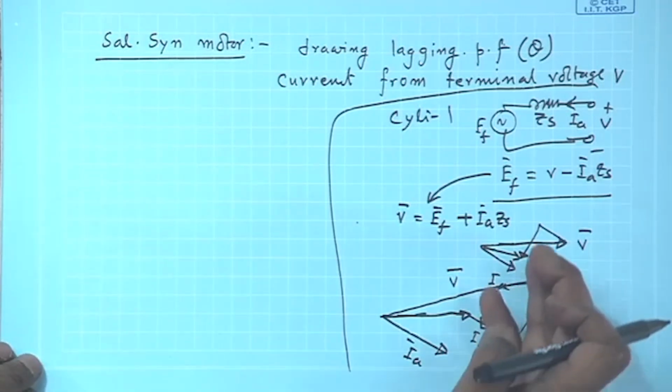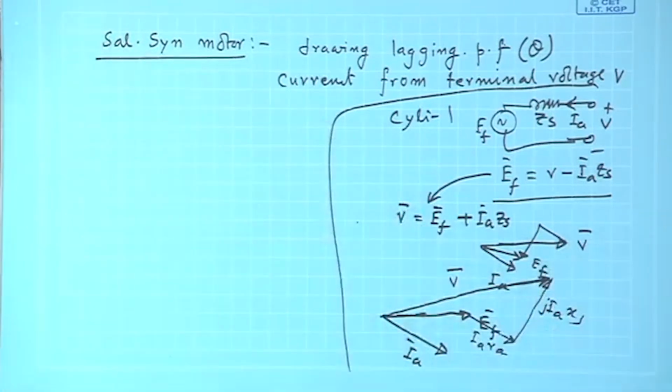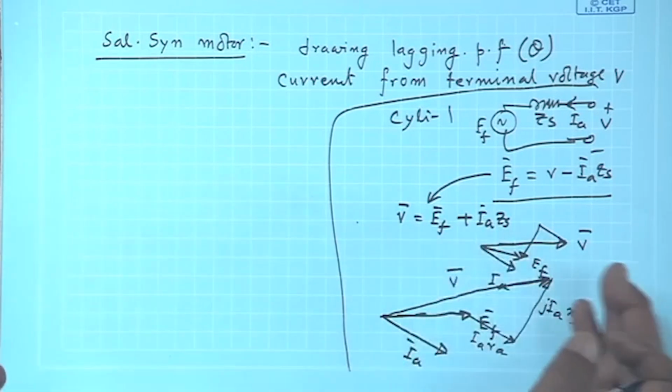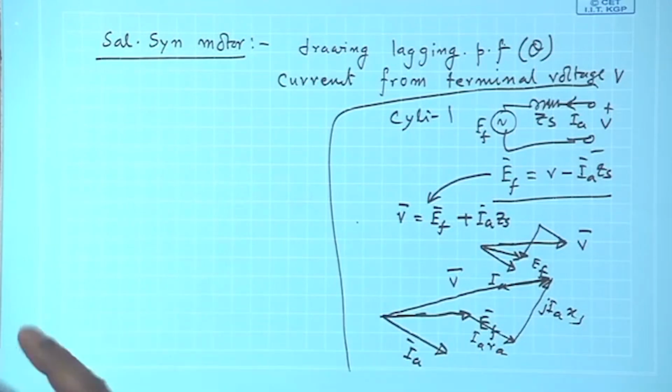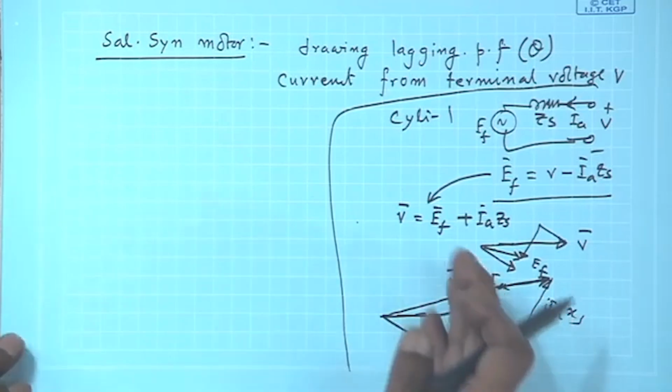So, the same phasor diagram, it is now just rotated in space. How does it matter? Without any loss of generality, so that you can quickly draw the phasor diagram. Better draw EF first in motor mode and go on adding drops. Addition is much easier, you have to think a little to add the vectors. The moment one vector is to be subtracted, where was that vector? Opposite to that you have to do. That is the advantage. Anyway, it is not essential, but I will do like this.